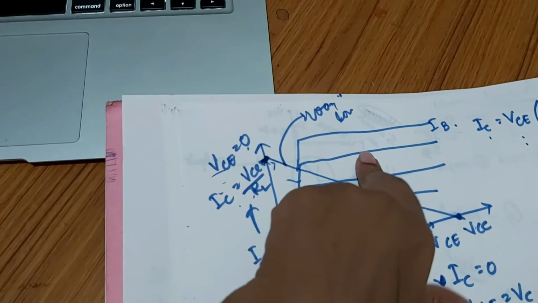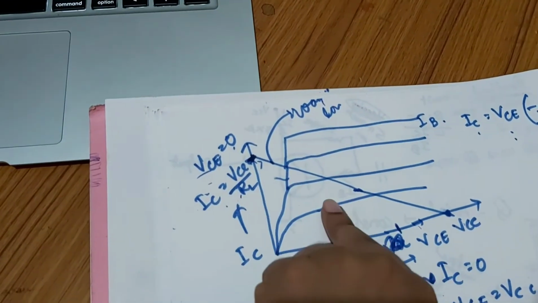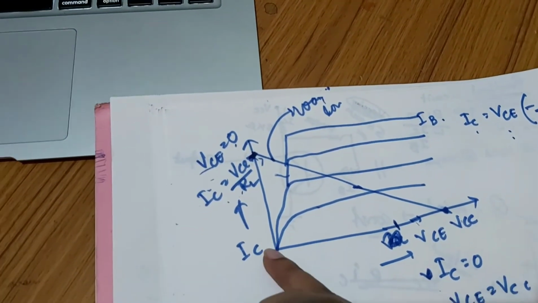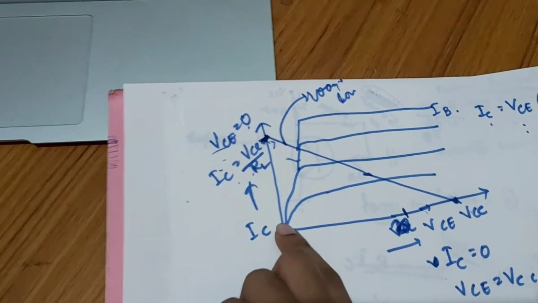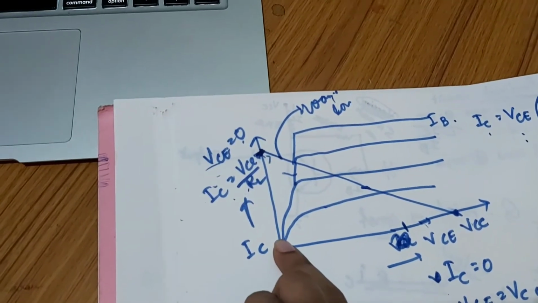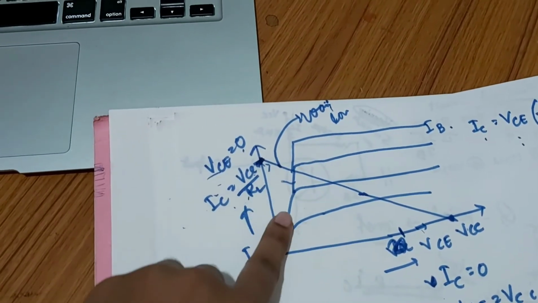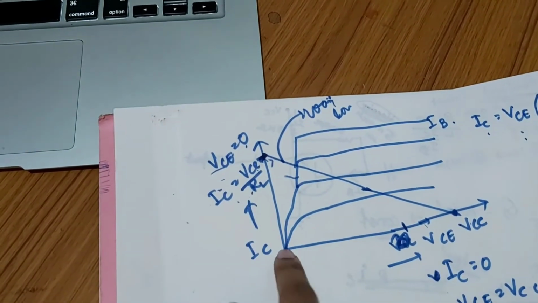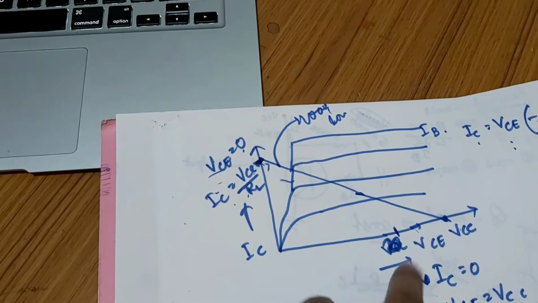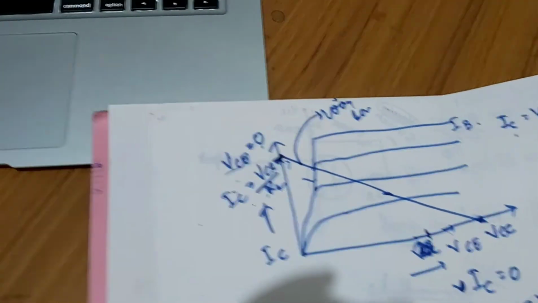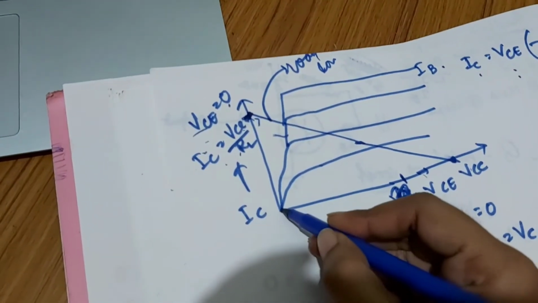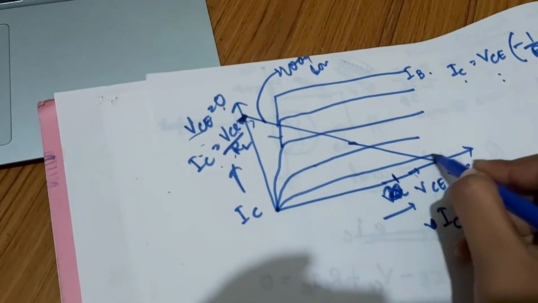For any input base current, the collector current IC should be constant, but it is not so in some regions. As you can see, in these regions the IC is not constant, and also for this region the IC will not be constant.